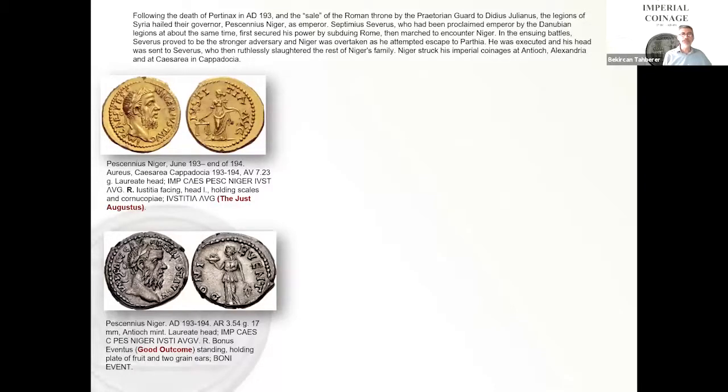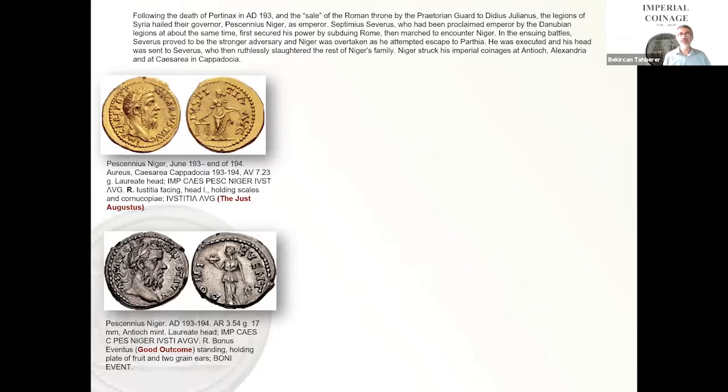So the turmoil continues, of course. Didius Julianus won't last very long. In the meantime, Septimius Severus, not too far from Rome, puts his bid on the throne. And Pescennius Niger in Syria was also hailed by his troops as emperor.